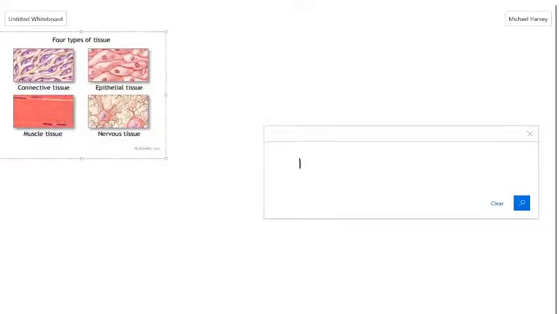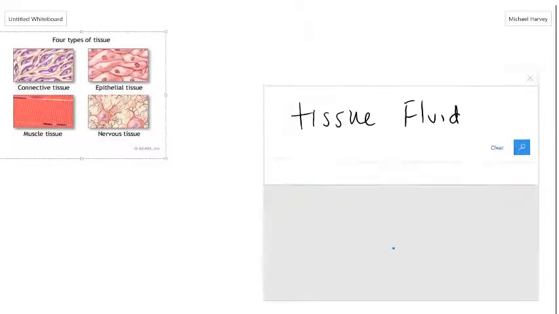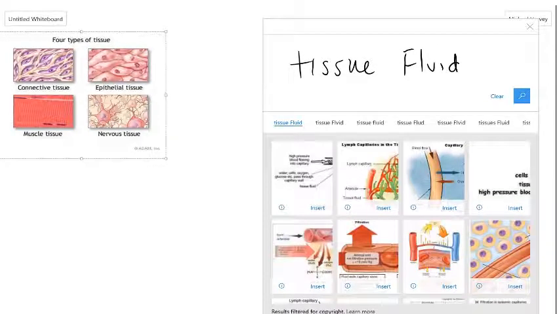Okay, let's just search for tissue fluid to see what we actually mean. Okay, so here's an example.